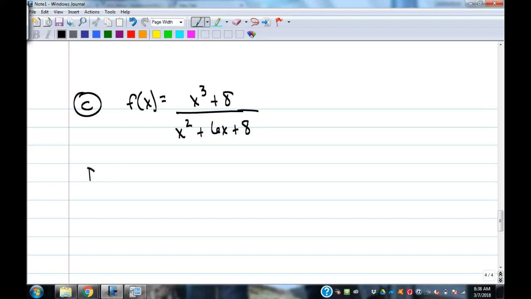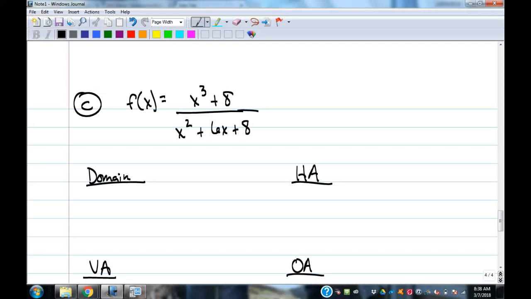Again, we're going to do the same things. We're going to find the domain, vertical asymptotes, horizontal asymptotes, or oblique asymptotes. It should be a little more streamlined on our process here.